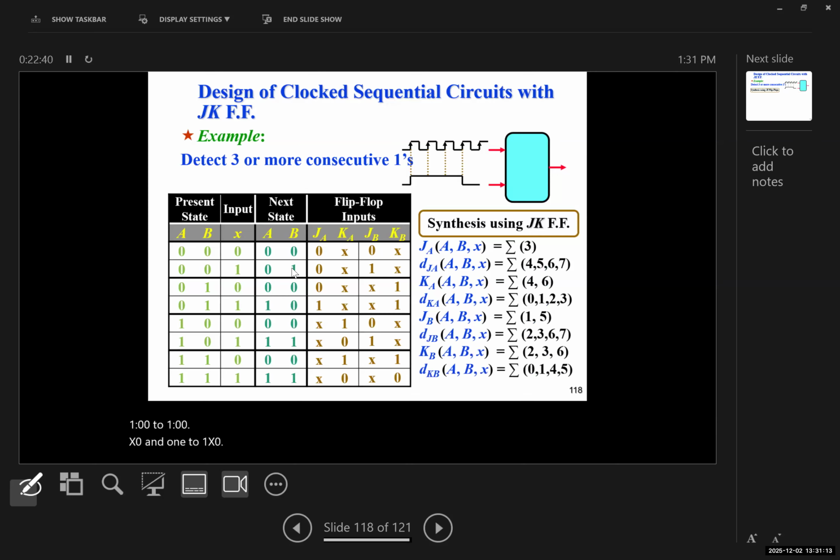Now, exactly like the previous table, we want to find where JA is 1, where JB is 1, where KA is 1, where KB is 1, and so on. So JA is 1 only here, which is 3, counting 0, 1, 2, 3, 4, 5, 6, 7. So it's 1 here, so it's going to be sigma of 3.